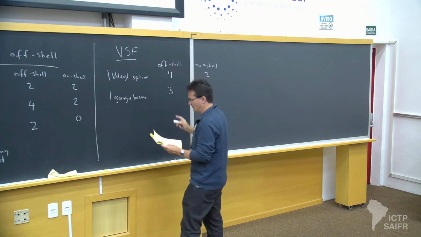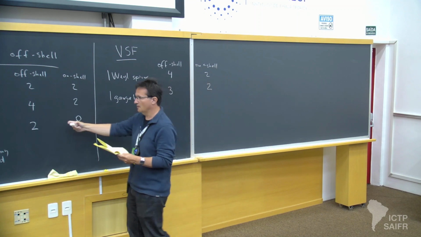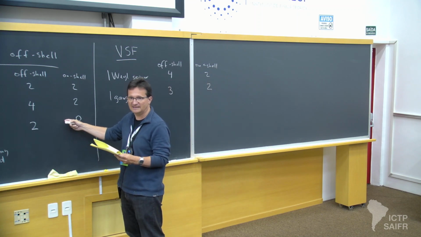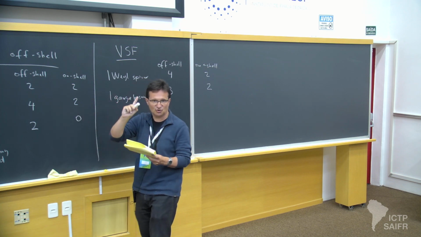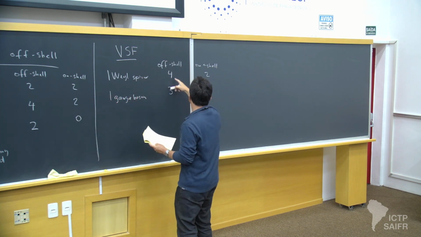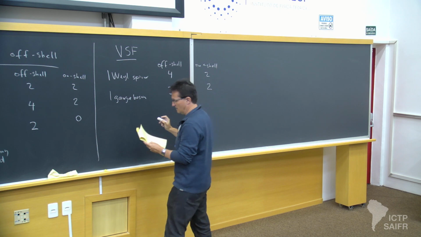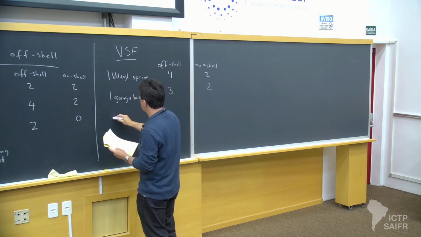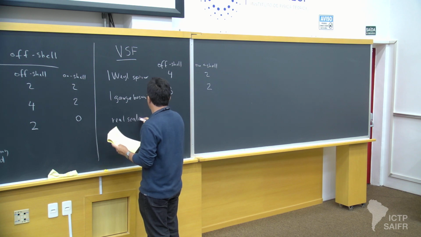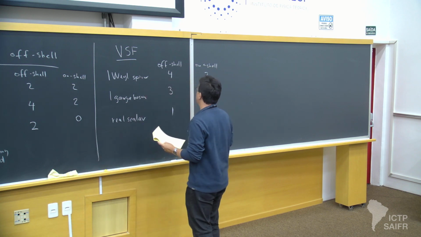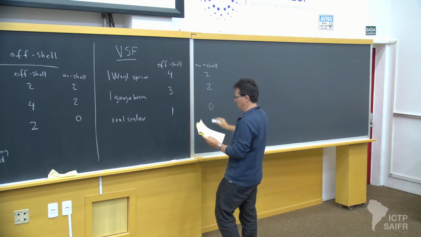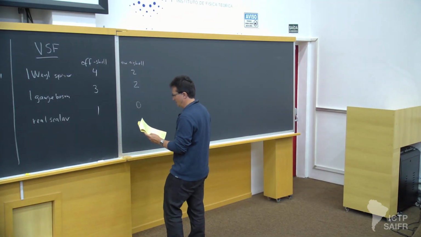Okay. So now I will need 1 additional dummy scalar field that I have to introduce here. And this should be a real scalar, because the difference here is just 1. So there will be 1 real scalar, and that will have 1 degree of freedom off shell and 0 degrees of freedom on shell.